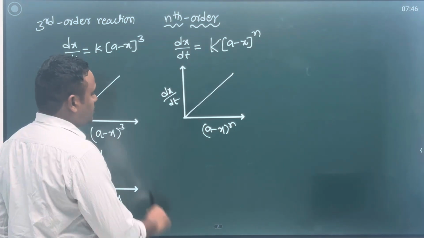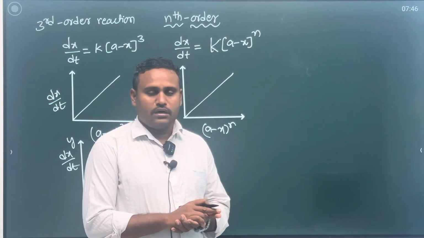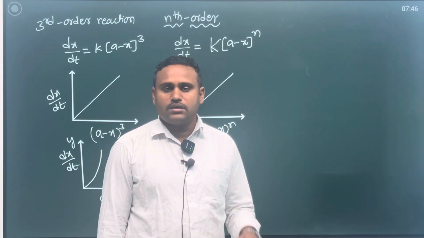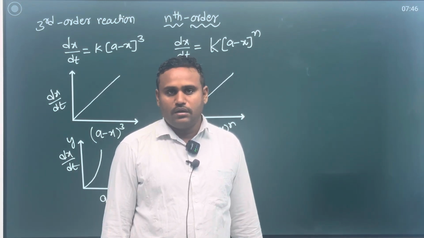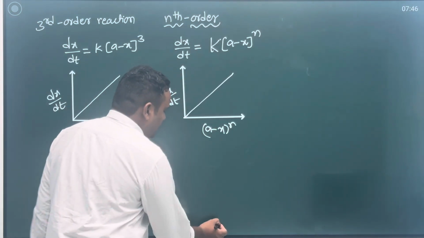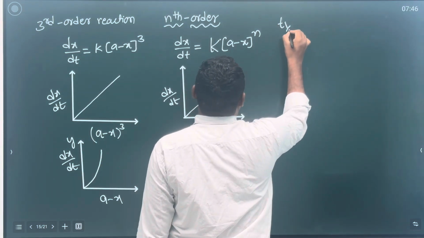So this is about the graphical method using the differential rate equation. We can also draw graphs between t half and initial concentration. Now let us see, we know the half life. What is t half, children?